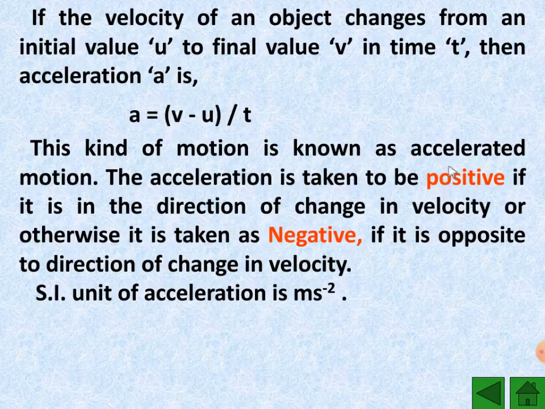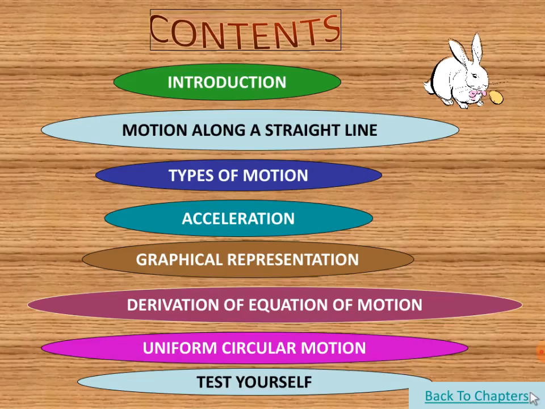For positive acceleration, we simply call it acceleration. For negative acceleration, we give a special name, retardation. Clear? Now let's see the graphical representation of those motions.